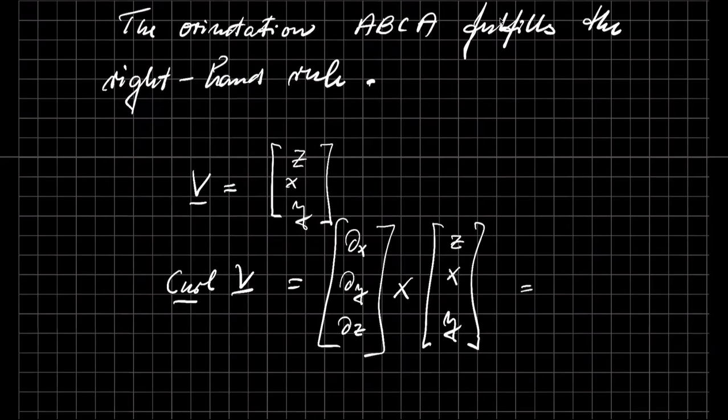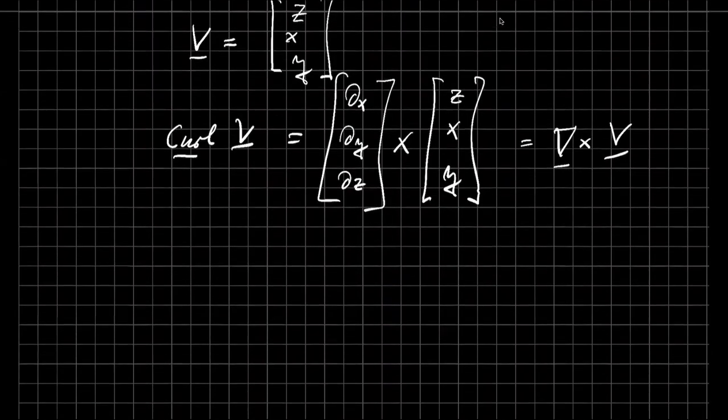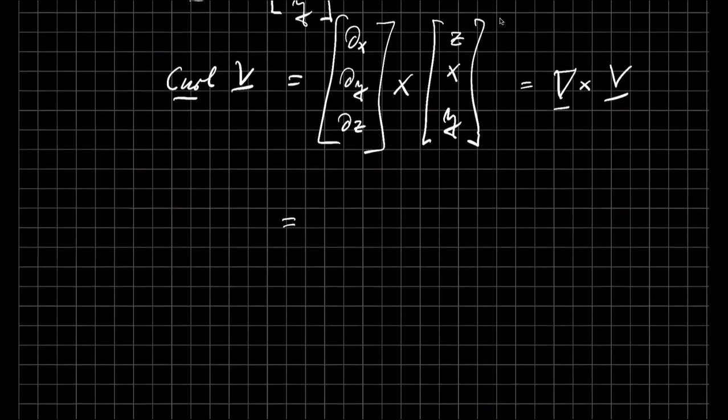When I compute this, I get the constant vector 1, 1, 1.